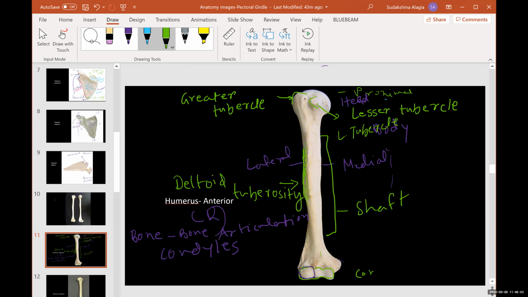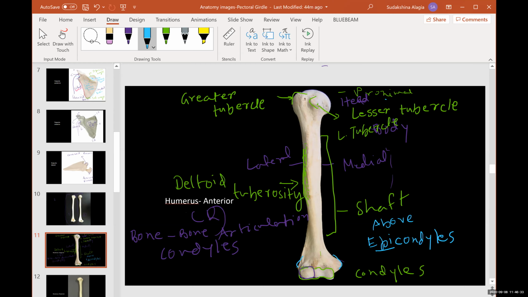And we'll name the condyles in a second. Then what is an epicondyle? Epi meaning above. What is an epicondyle? What's slightly above and still protruding, identifiable as protrusion? If this is the condyle, well, how about this?